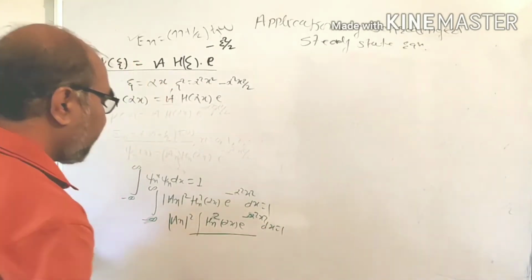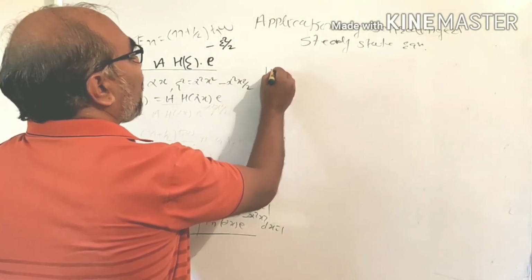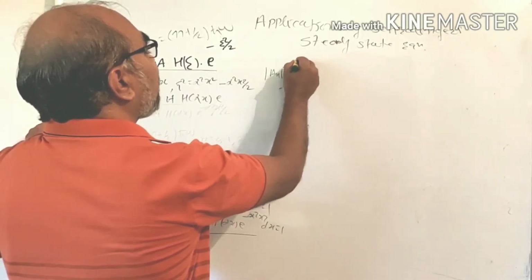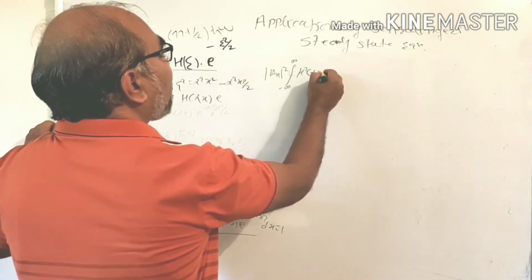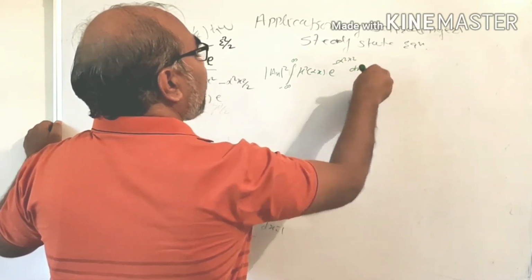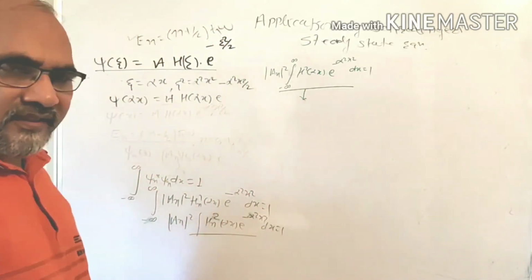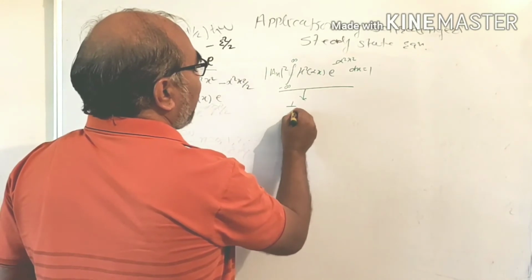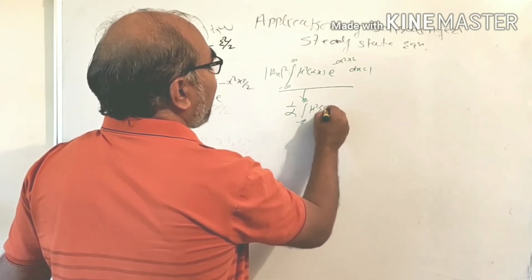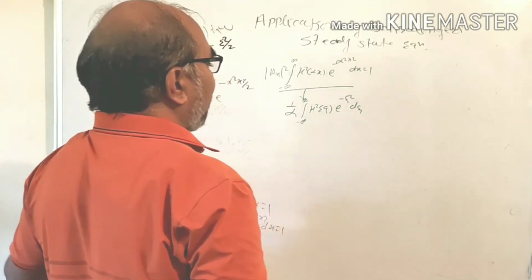Now we have to find the value of this integration. Substituting zeta, the integration becomes 1 by alpha, integral from minus infinity to plus infinity of Hn square of zeta e raised to minus zeta square d zeta.